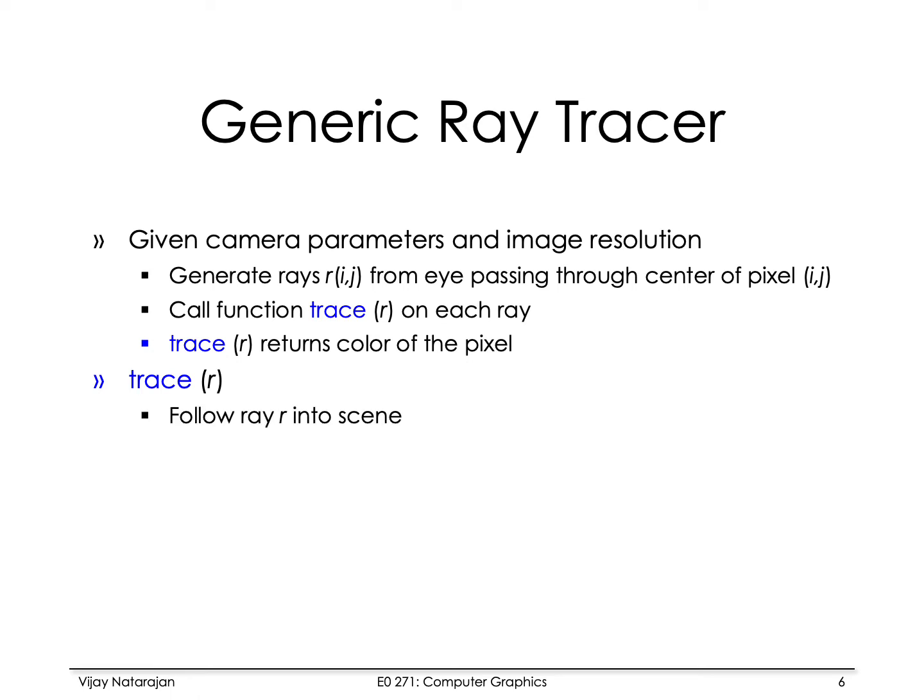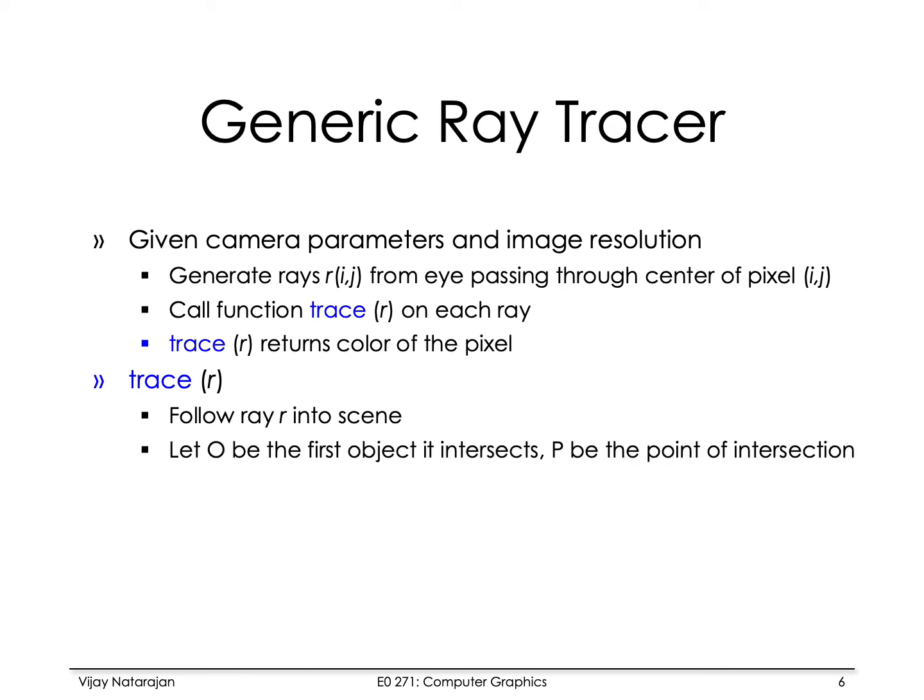So trace R applies on a ray R and follows it into the scene. Let's say O is the first object that it intersects and P is the point of intersection of the ray with this object.